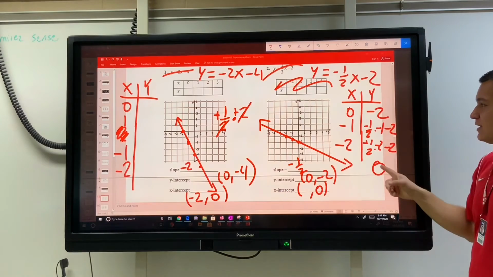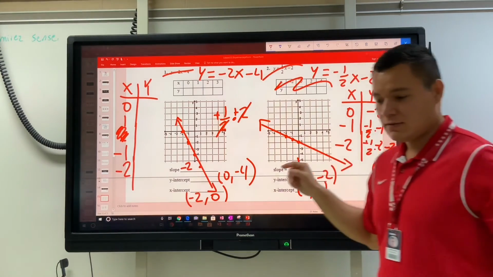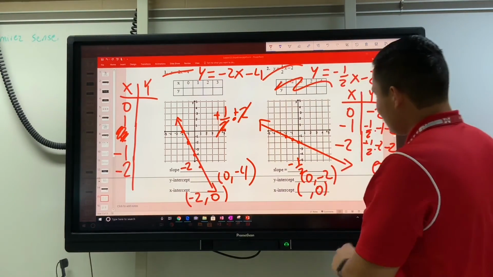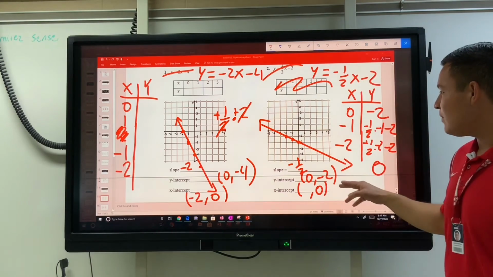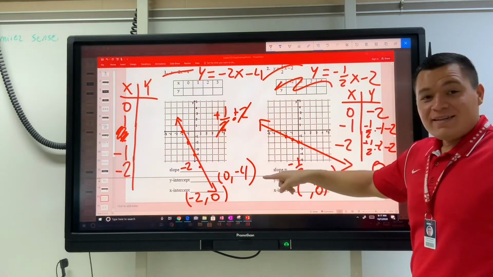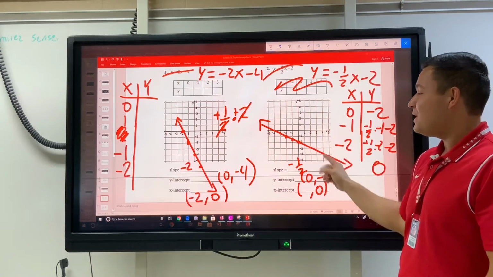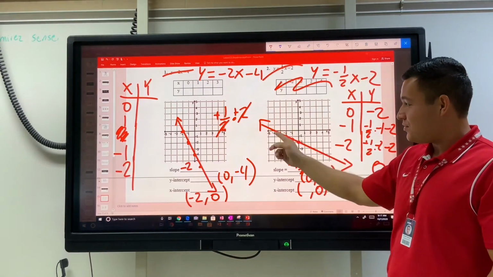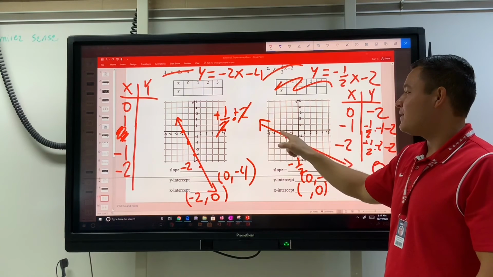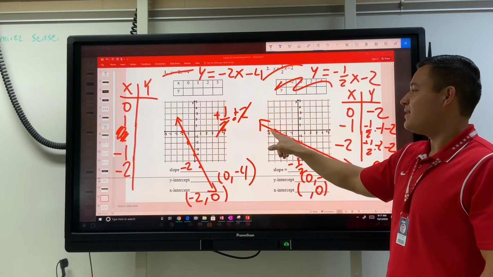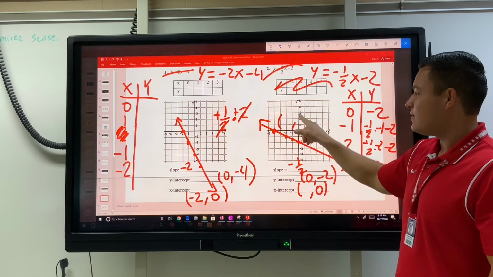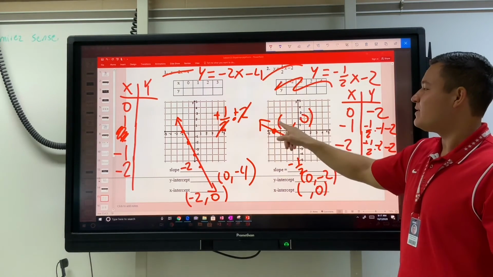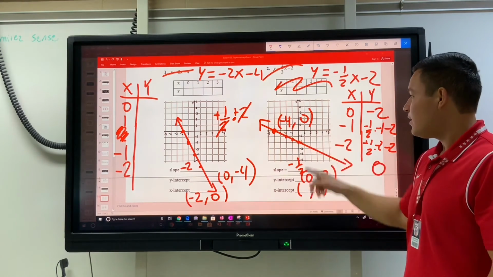But we never plugged in a number to get 0 for y. But because we made our graph straight, we can just look at the line that we made. This line is to scale, it's straight, so we can just see when y is 0. And that happens right here. This has 0 for y, and it happens at -4 for x. That's our x-intercept.